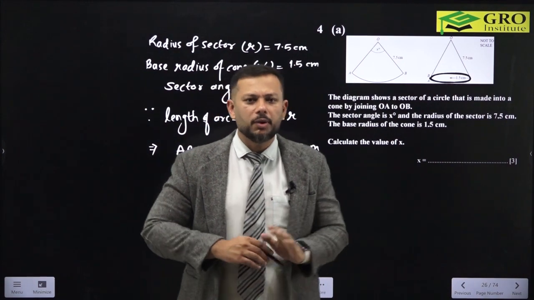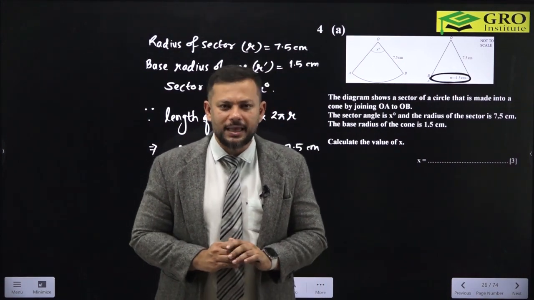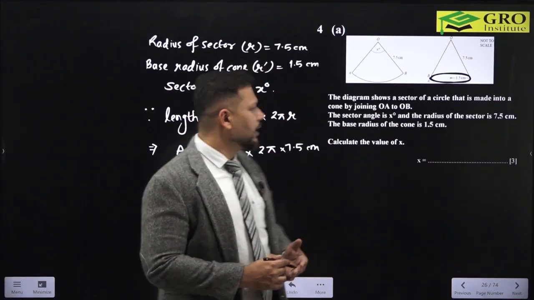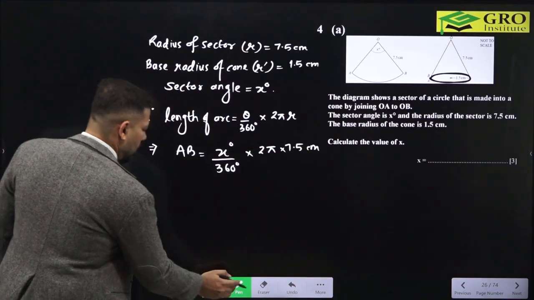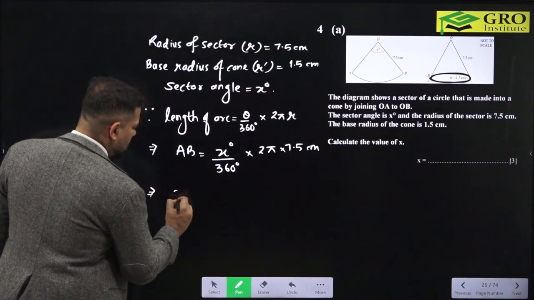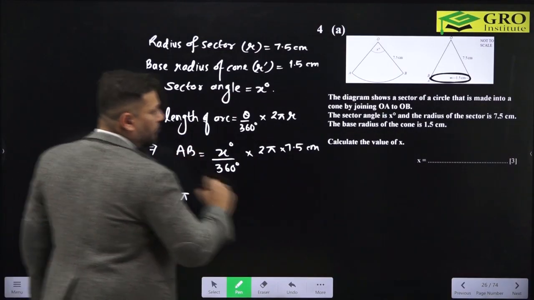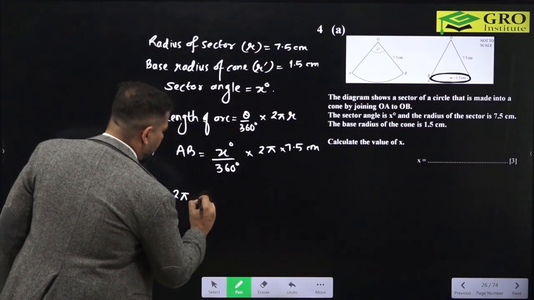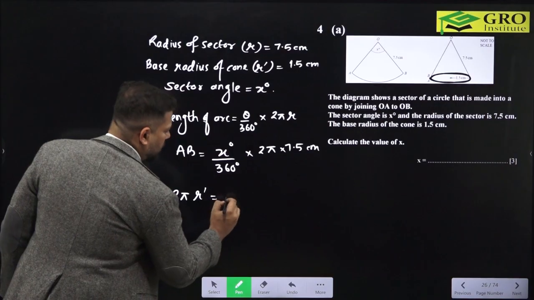And what is the formula for finding out the circumference of the base or any circle? That is simply 2 pi r, right? Let us write it over here. Here in this case now, AB can be written as 2 pi provided the radius of the base circle is 1.5. So I'll just write it as r dash for the time being.